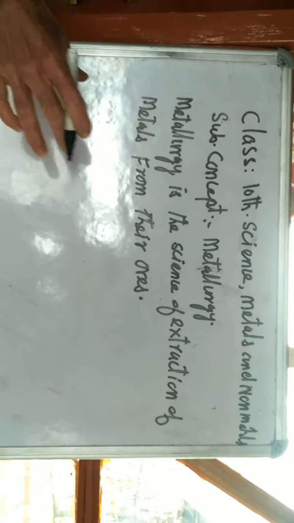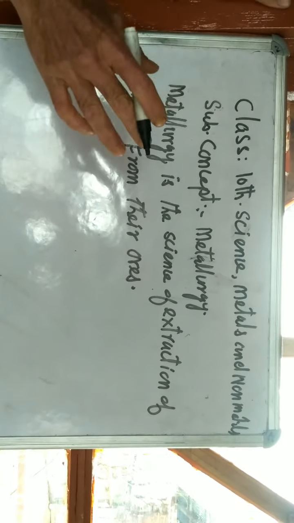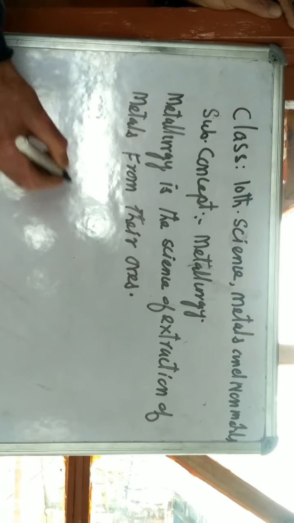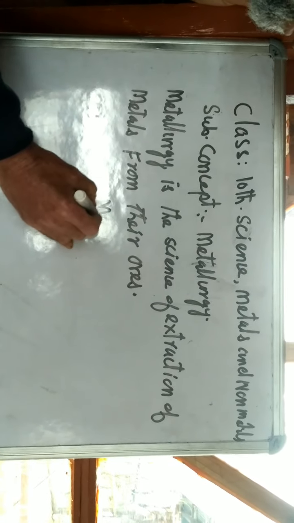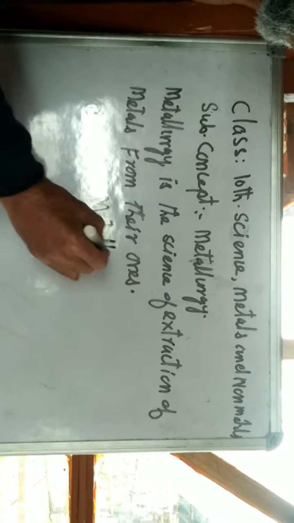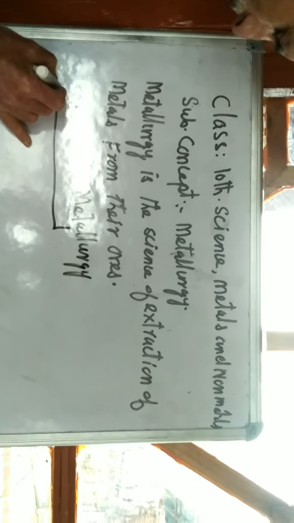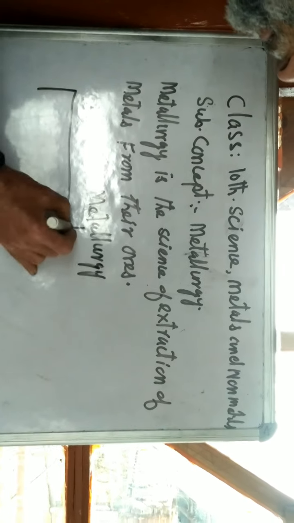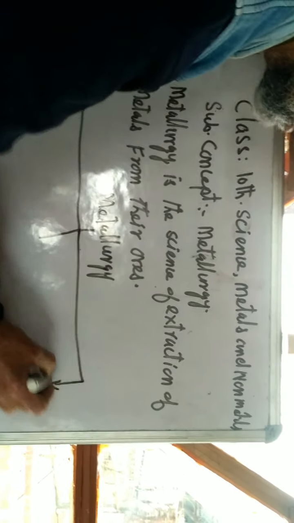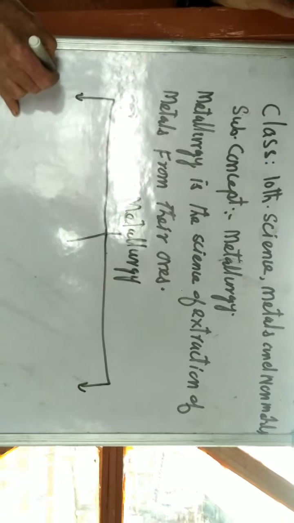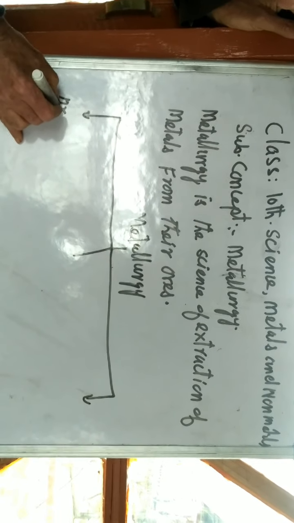Now let's see what the main steps in metallurgy are. Metallurgy involves three main steps. First step is the preliminary treatment.